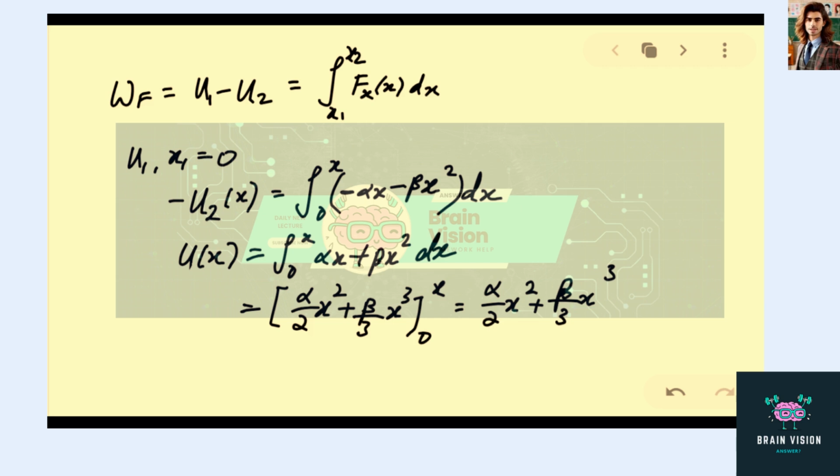Now we want to find what is the speed of the object when it's at a certain position after the spring is stretched. What we will need to find is the change in the potential energy of the spring, and this must correspond to the kinetic energy that is actually imparted to our object. So we take the change in the potential energy.